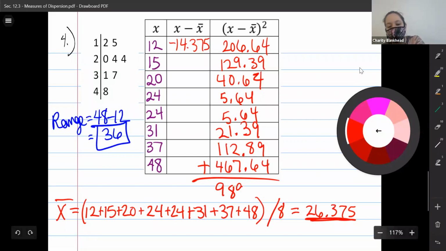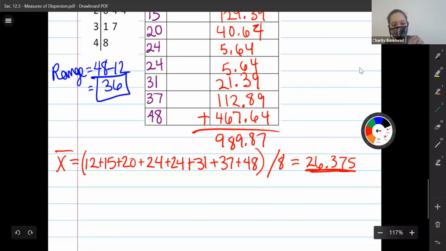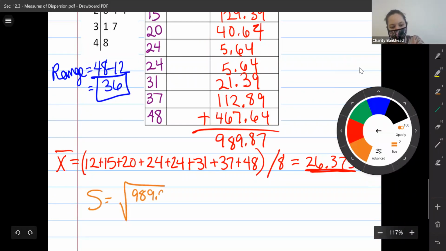Equals 989.87. All right. So the standard deviation equals the square root of 989.87 over 8 minus 1.